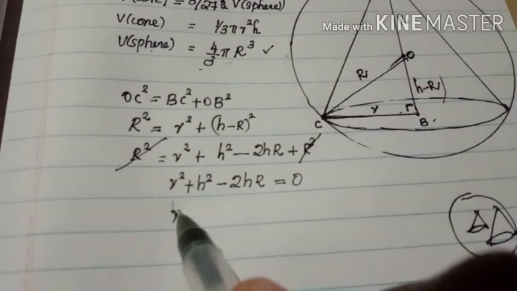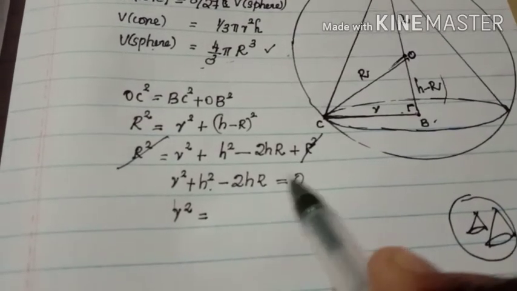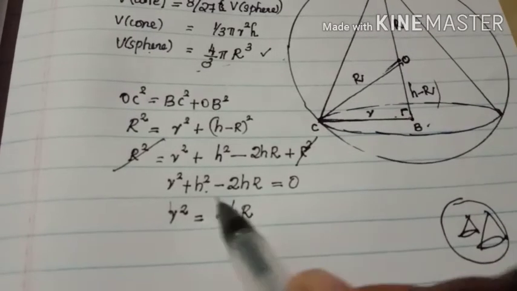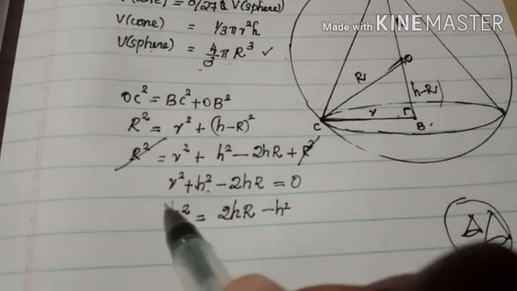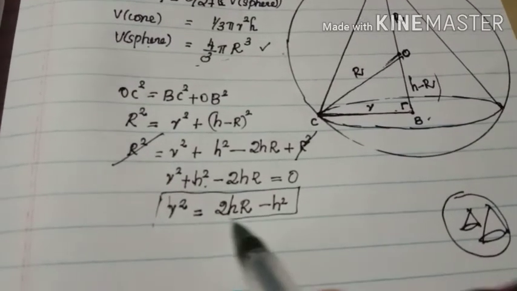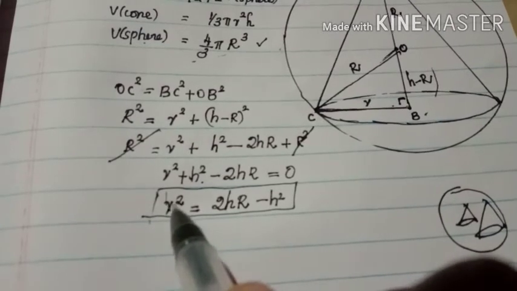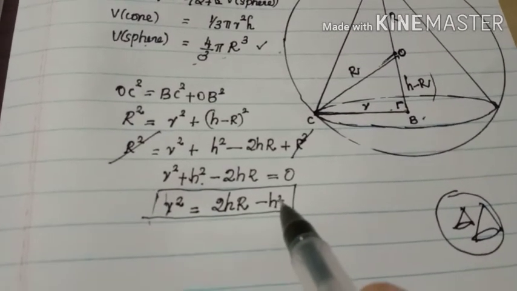From this we can reduce r square equal to, take these two terms to the other side. So minus becomes plus 2hR, and plus h square becomes minus h square. Okay, r square means the radius of the cone squared. So r square equals 2hR minus h square.